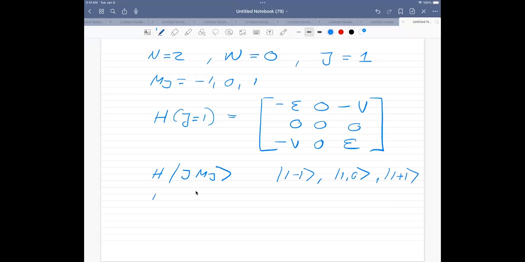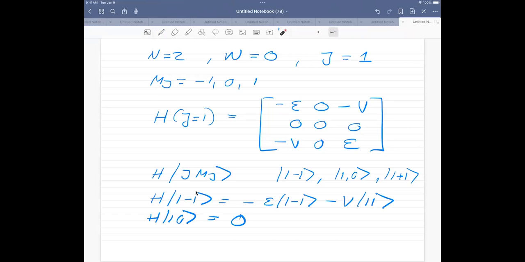If I act with H on 1, -1, I get minus epsilon times 1, -1, minus v times 1, 1. If I act on 1, 0, you will see that that is 0, which we also have in here. And if I take H on 1, +1, I get epsilon times 1, 1, minus v. I leave that as a small exercise.